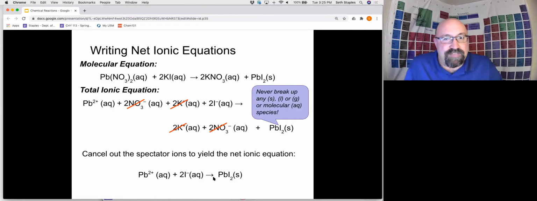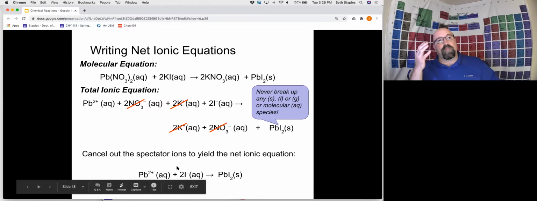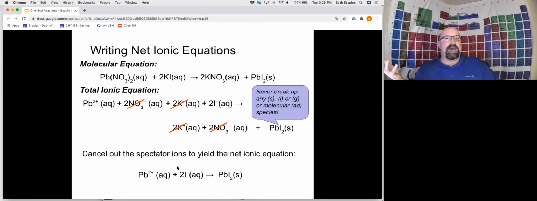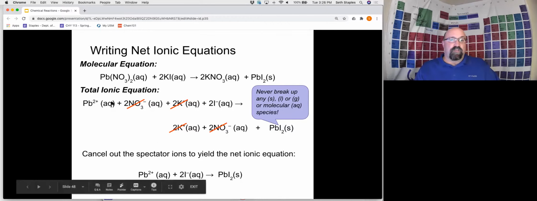The nitrate and the potassium, they're there because they had to be used in order to bring the lead and the iodine along. And so as these sit on the shelf, before we even get these into aqueous form, we would probably have in a chemical stock room somewhere some lead nitrate, some PbNO3, sitting on the shelf in a solid form.